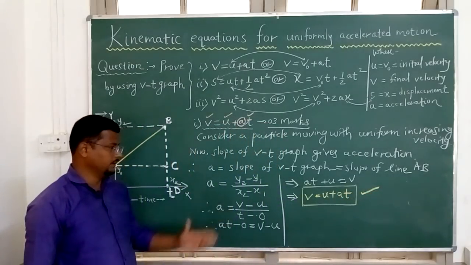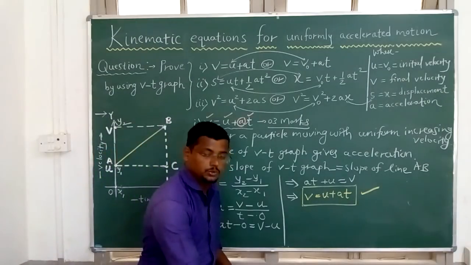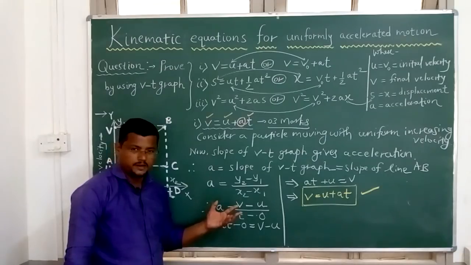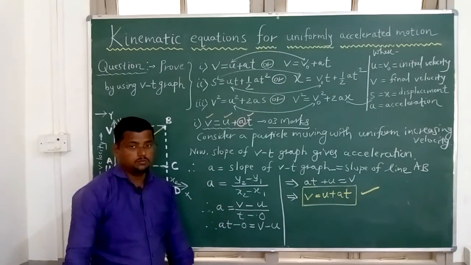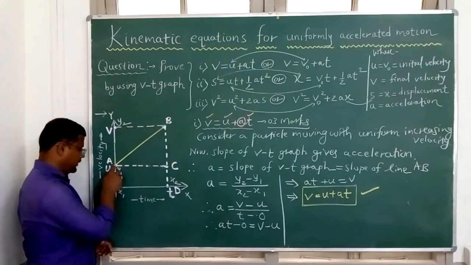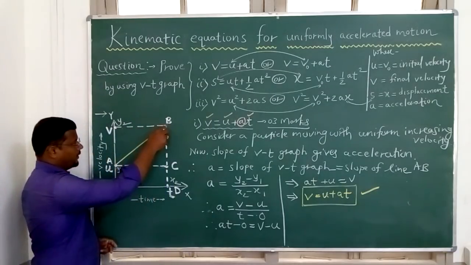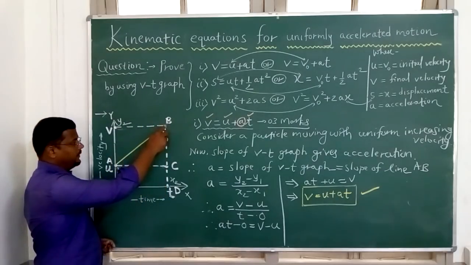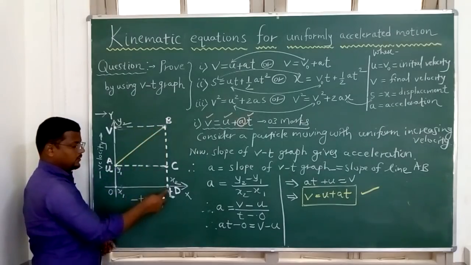Very simple here, right? Only what you should know is the slope formula. Slope formula is y2 minus y1 divided by x2 minus x1. For point A, x1, y1. Remember, for point A, x1, y1. For point B, x2, y2. Yes or no? For point B, x2, y2. For point B, what is time? t for x2.